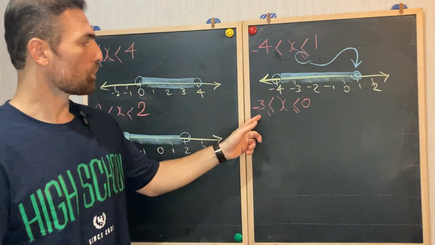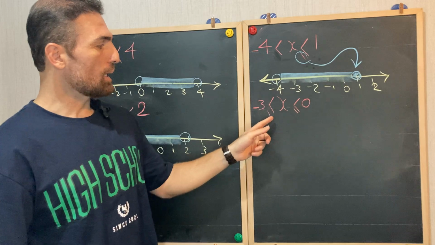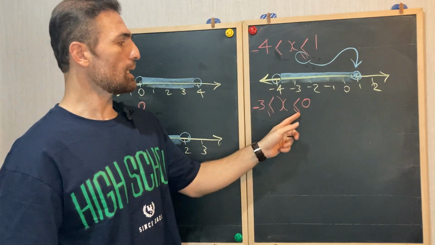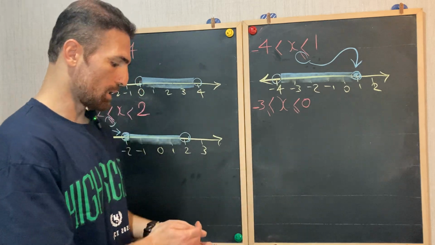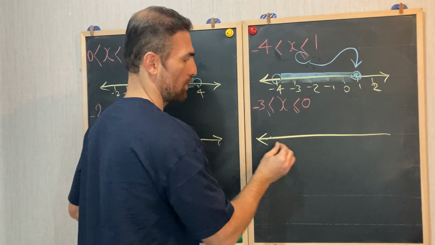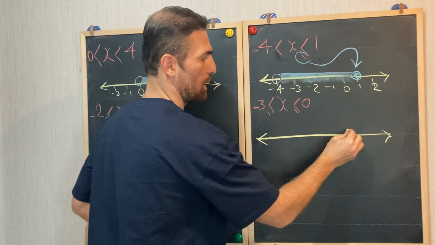Okay, next one. It says x is greater than or equal to -3 and x is less than or equal to 0. Number line. Show the numbers.